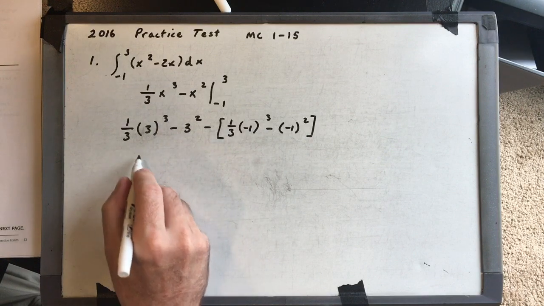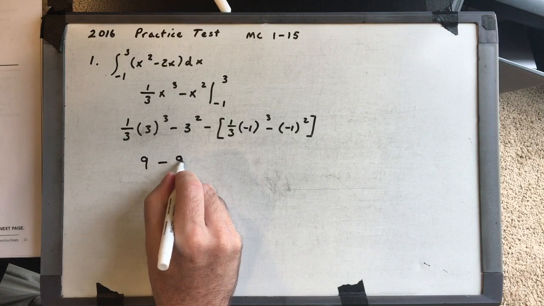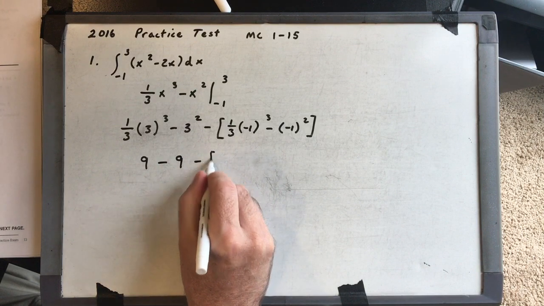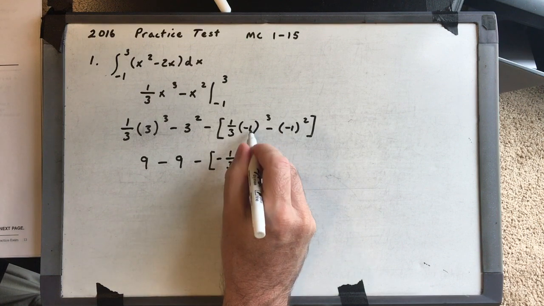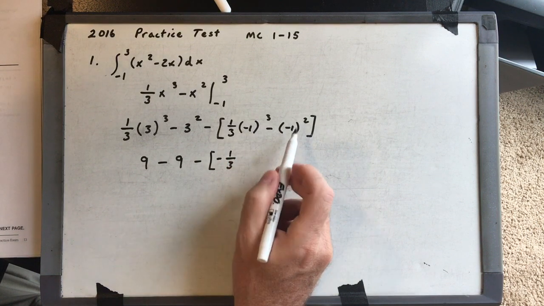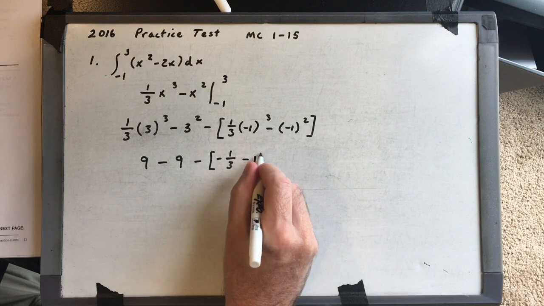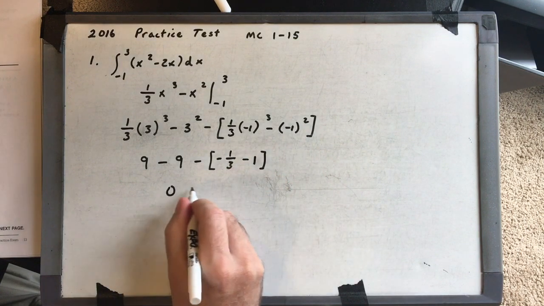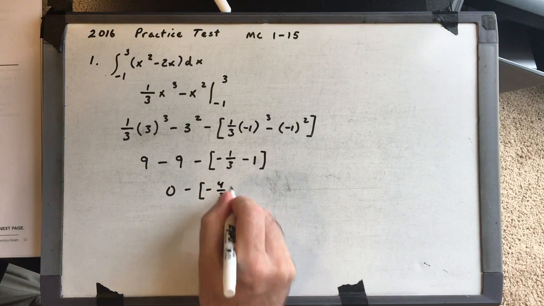3 cubed is 27. 27 over 3 is 9. Minus 9 minus -1/3, because -1 cubed is -1, and then -1 squared is 1, so minus 1. So that's 0 minus -4/3.